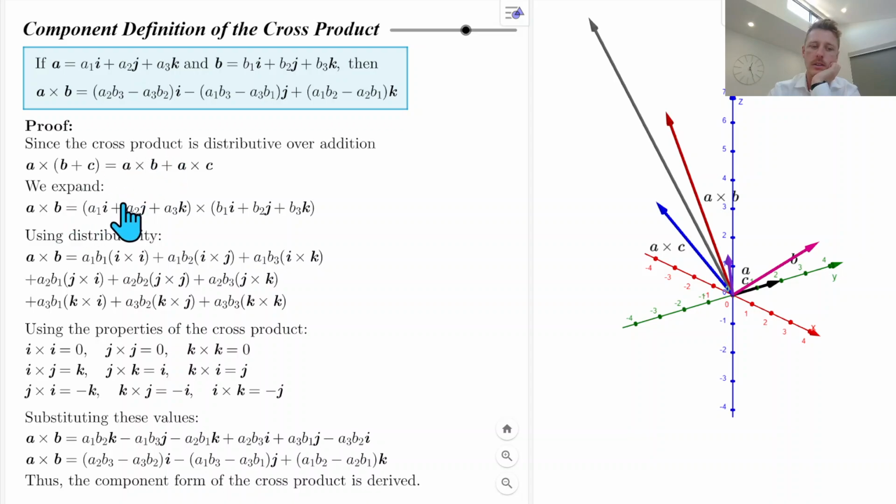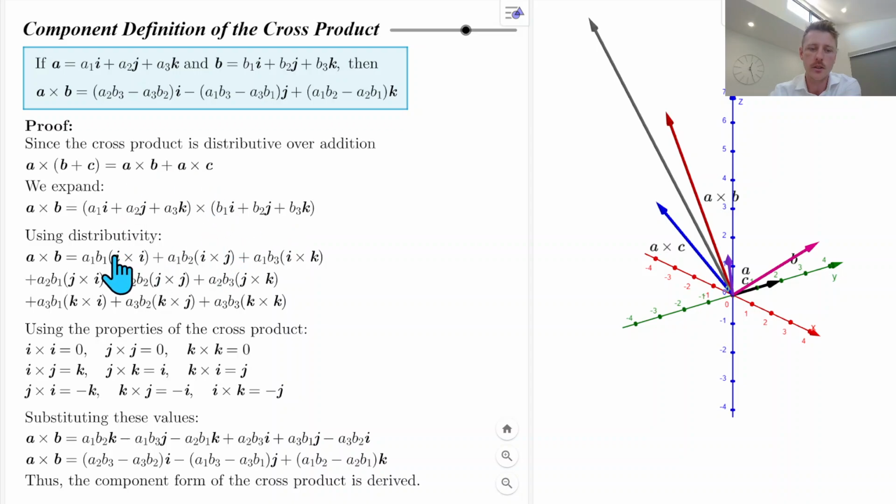That's an important idea, because as we come to prove the component definition of the cross product, we can see that when we cross A and B, we're going to get A1I plus A2J plus A3K crossed with B1I plus B2J plus B3K.